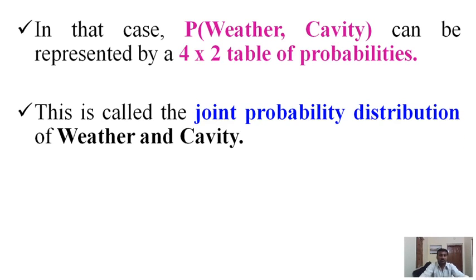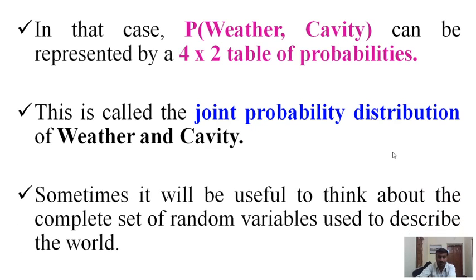If you combine these two, where probability of weather is one part and probability of cavity is another part, then we call that the joint probability distribution of weather and cavity. That is our second point.